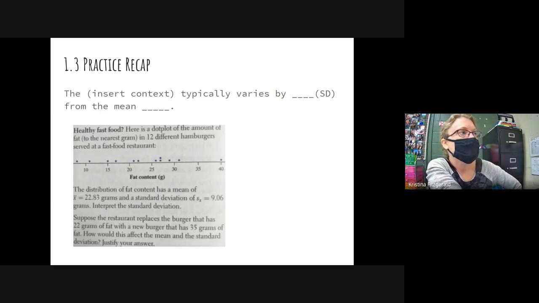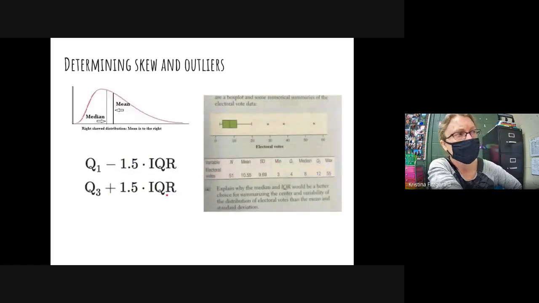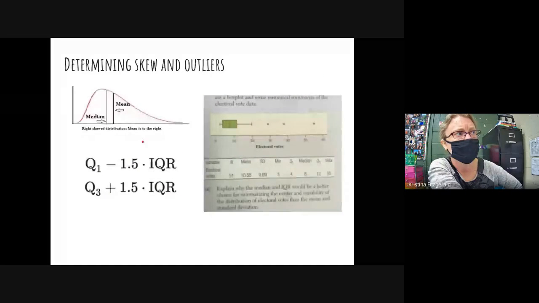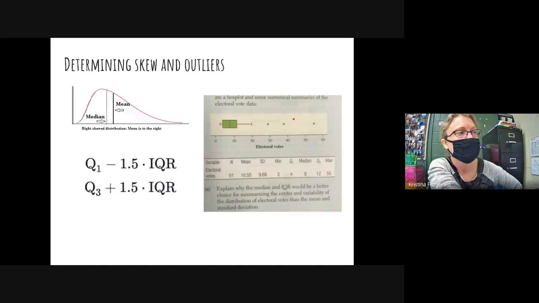Okay. So the other one we looked at was to decide if something was skewed. A lot of people noticed, hey, if there's outliers, definitely something is probably skewed. The other quick way to tell is if you're given a printout of summary statistics, we can compare the mean and the median, because the mean gets pulled in the direction of the outliers.